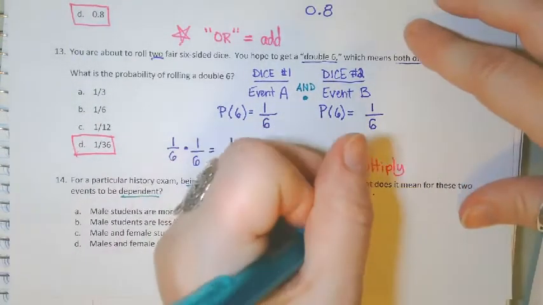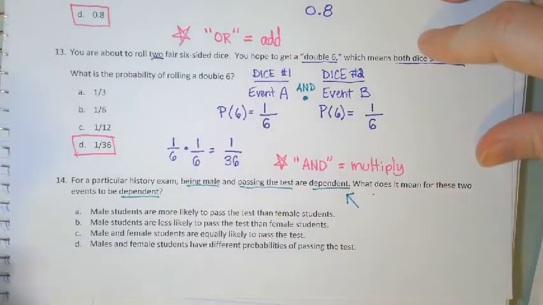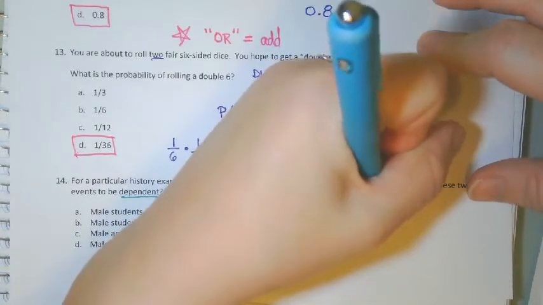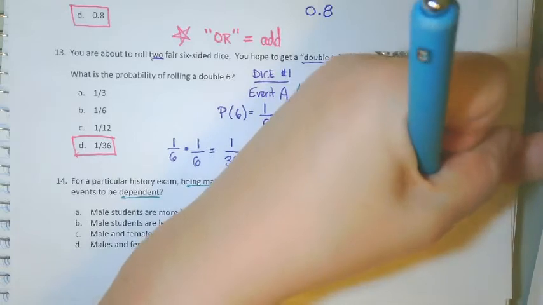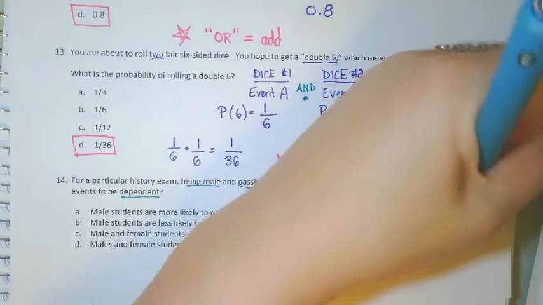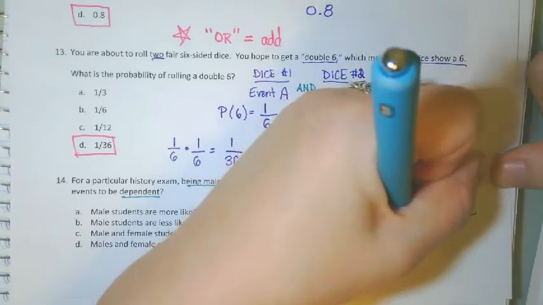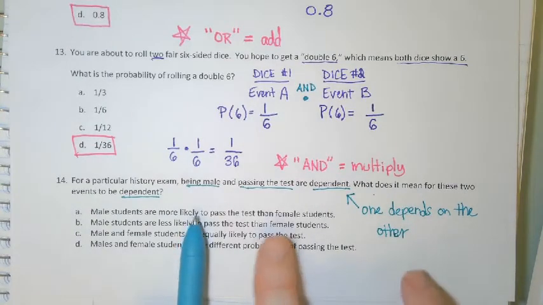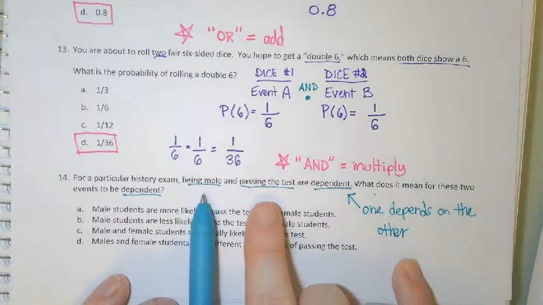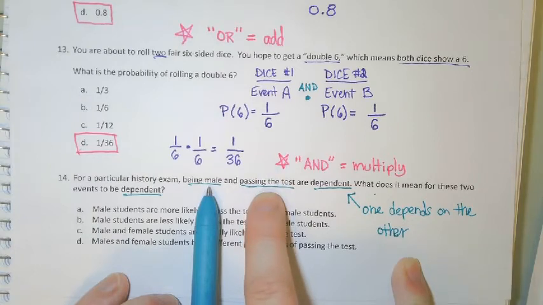It's pretty much what it sounds like. If 2 things are dependent, that means one of them happening depends on the other happening. In this case, the two items that are dependent are being male and passing the test.